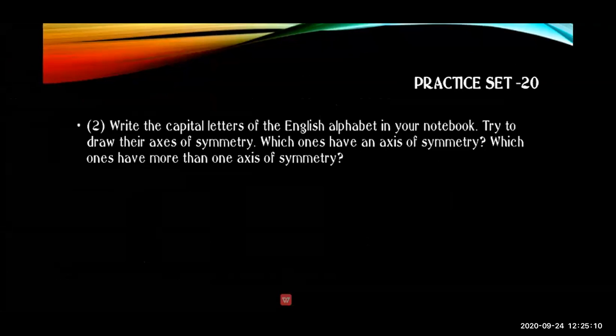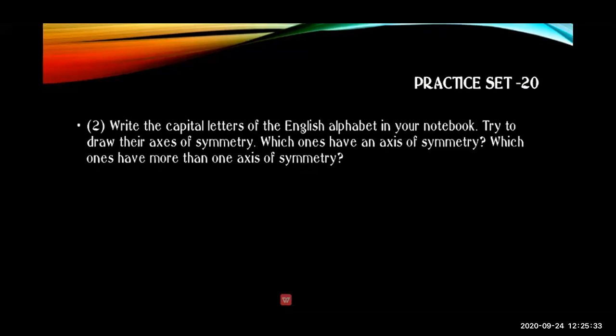You have to draw their axis of symmetry. Which one has an axis of symmetry? Which one has more than one axis of symmetry? There you have to classify the letters of the alphabet into one axis, more than one axis, no axis.